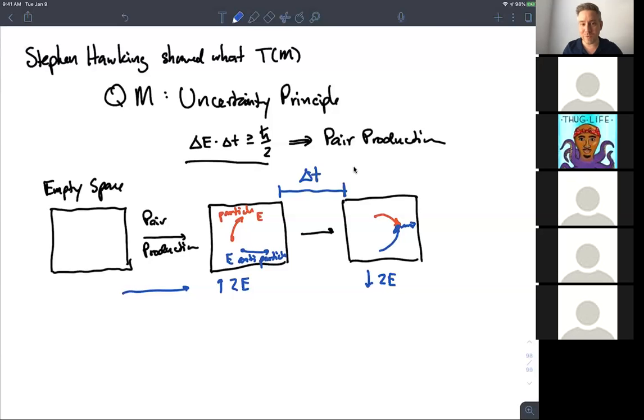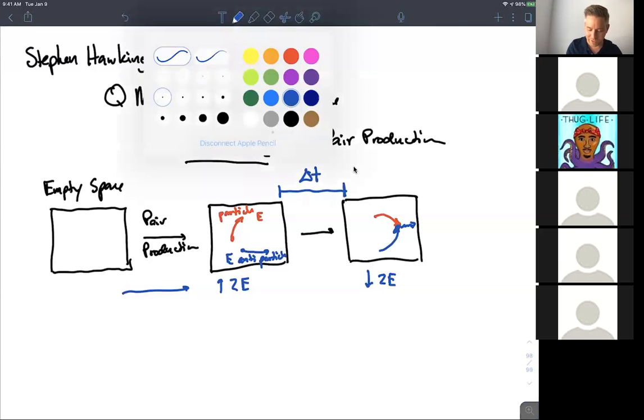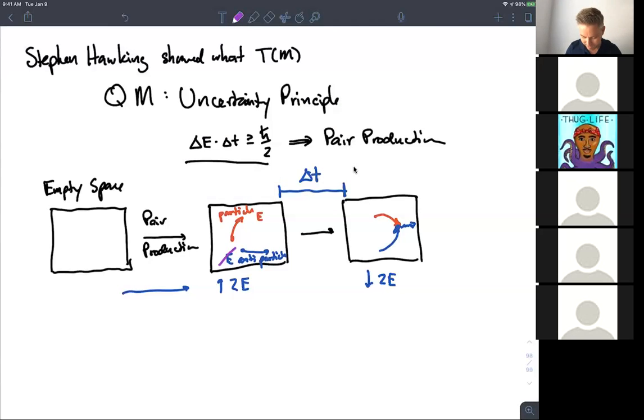Okay, so now what Stephen Hawking said was, okay, cool. What if we made the pair production occur exactly at the event horizon of a black hole? Okay, so if the pair production is occurring all the time, everywhere around us, and if you have a black hole, it is also going to be happening at the event horizon.